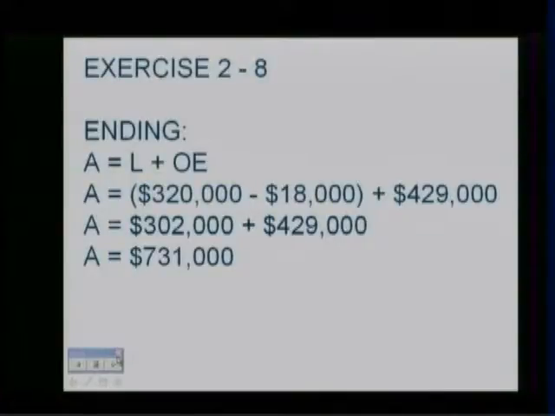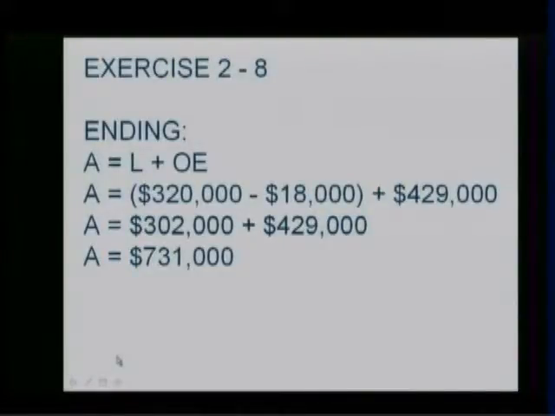So if they were $320,000 at the beginning and they decreased by $18,000, then I know that they're $302,000 at the end of the year. It also states that my owner's equity at the end of the year was $429,000. Well, if assets equals liabilities plus owner's equity, then assets would have to equal the $302,000 plus the $429,000, which would be $731,000.